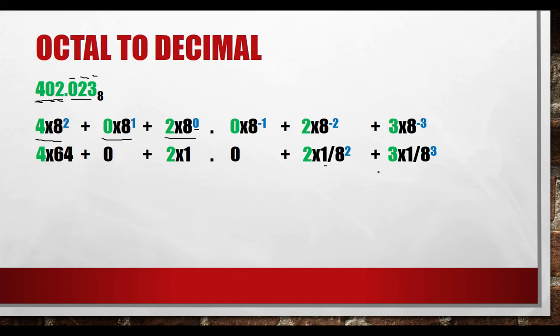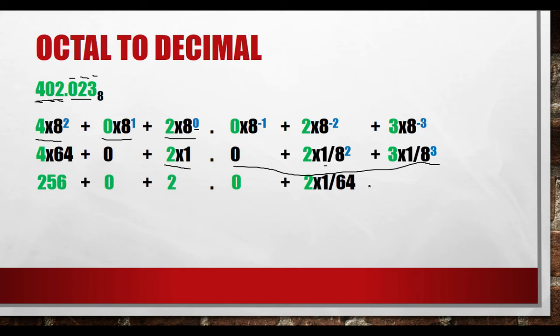Okay, so let's continue. Next, let's simplify this. 2 times 1 is 2, plus 0, and 4 times 64 is 256. Now let's work on the fractional part on this side. So 0 plus 2 times 1 over 64 plus 3 times 1 over 512.